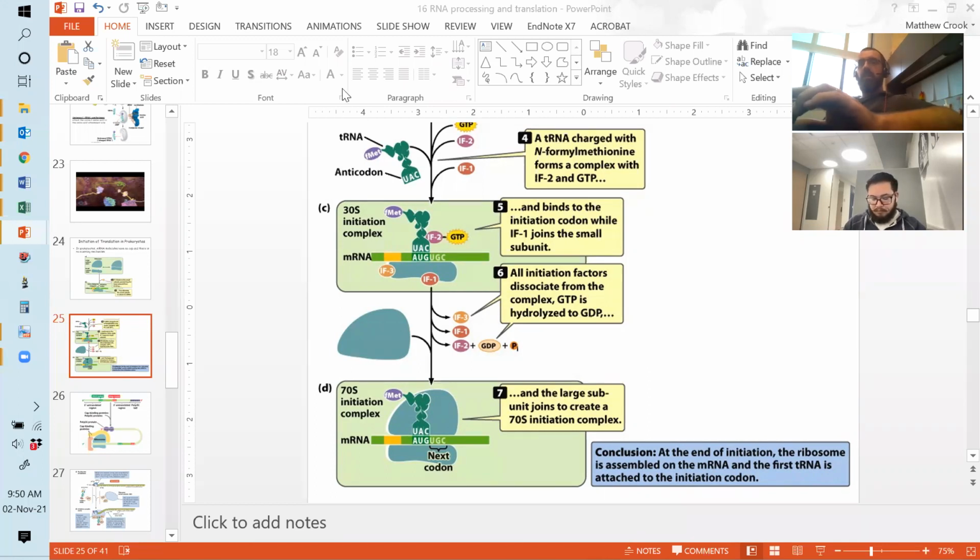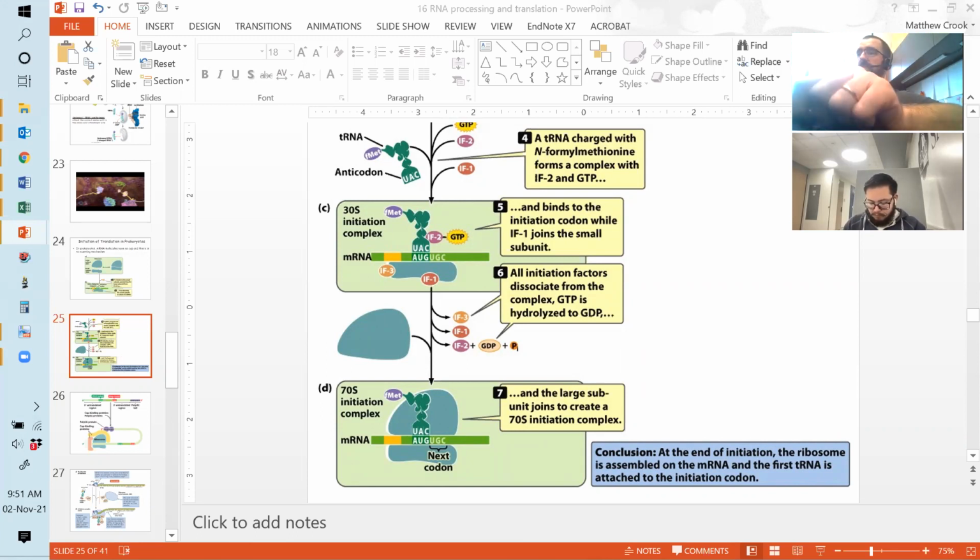So that tRNA is brought in with a bunch of other initiation factors. So IF equals initiation factor, and that's eIF in eukaryotes. EF is elongation factor.